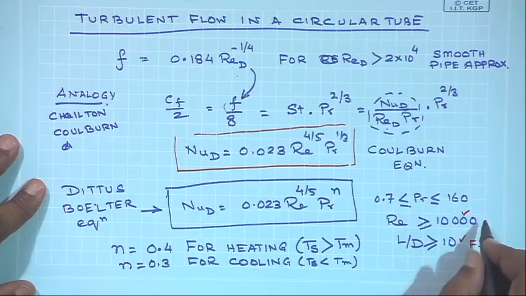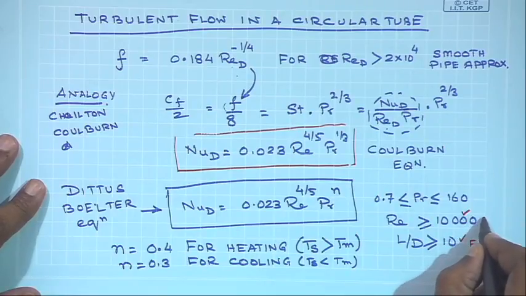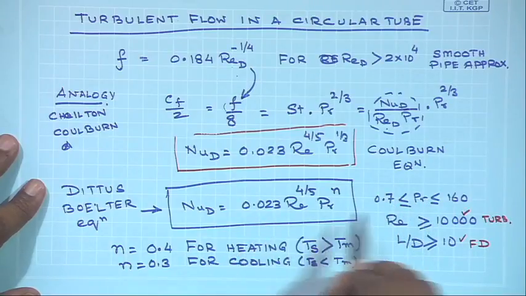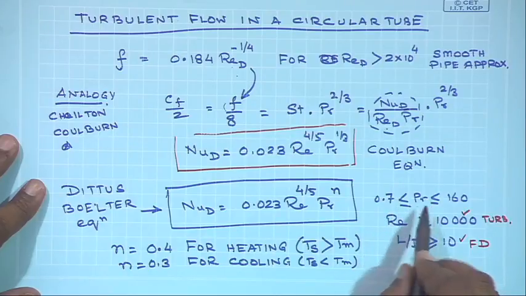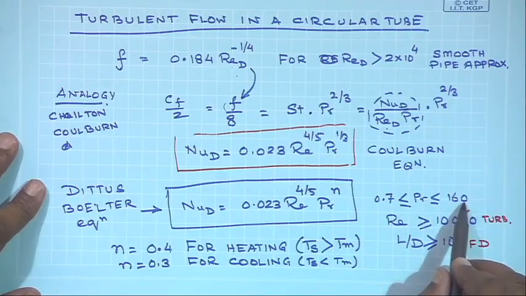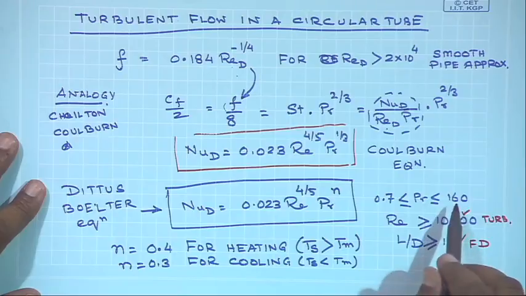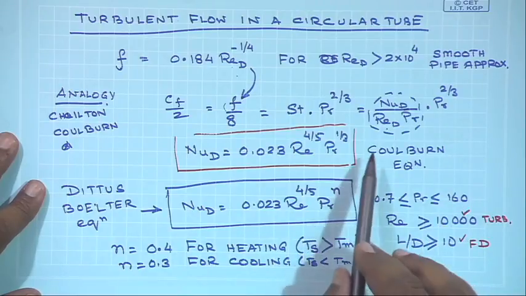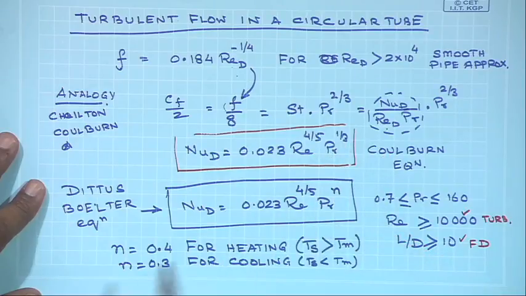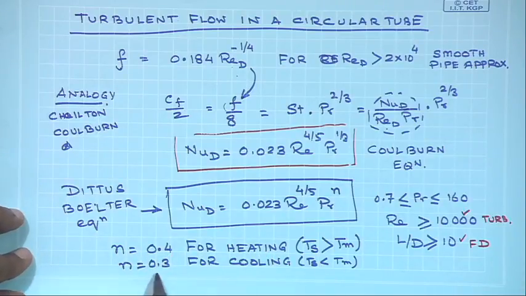The Reynolds number greater than 10 to the power 4 tells you that it is in the highly turbulent region, and the range of Prandtl number ensures that this relation can be used for a wide range of liquids, from air on the one hand, and for a high value Prandtl number liquid, that this same equation can be used with only one consideration. In Colburn equation the Prandtl number exponent is fixed, but n takes a value equal to 0.4 for the case of heating, whereas for cooling it is 0.3.